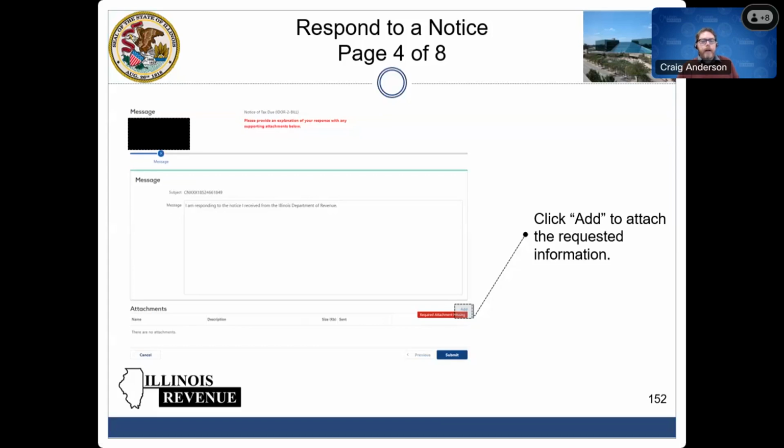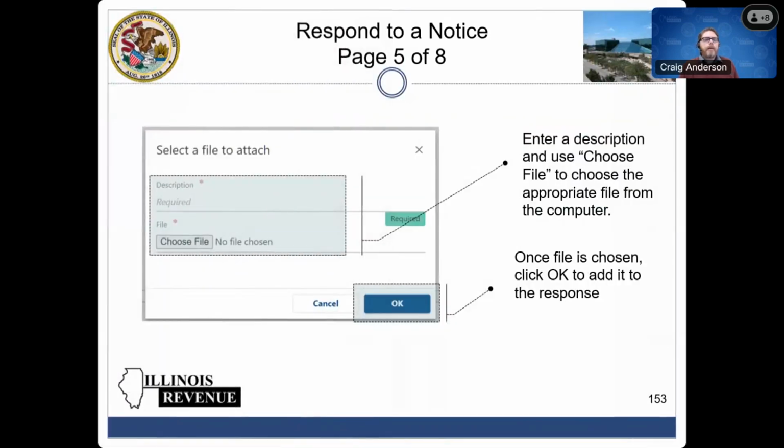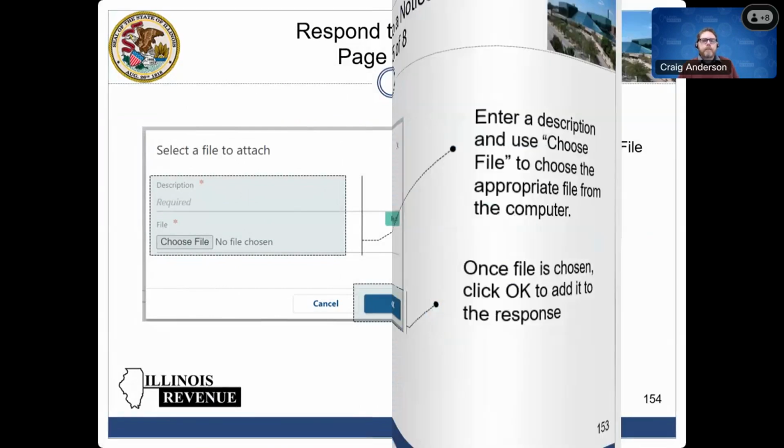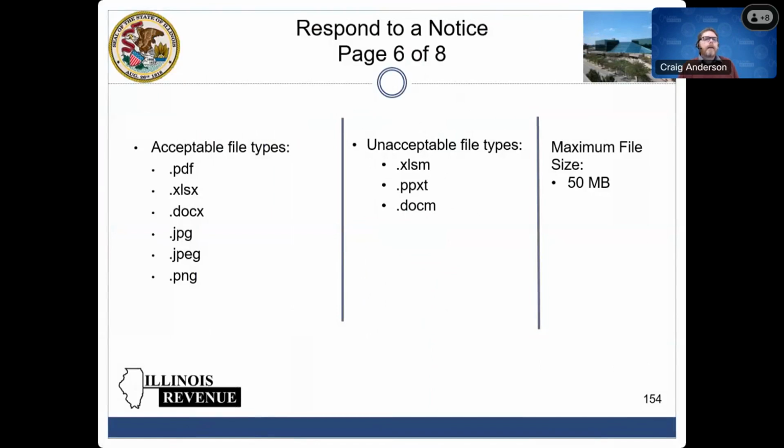Add is where you're going to add the documentation, whatever we ask, whatever your response is. When you click add, you can put in the description, and then you're going to choose file, just like you're uploading anything. You're going to find that file, upload it, and it'll associate with it. Once it's there, you can hit OK, and it will attach it.